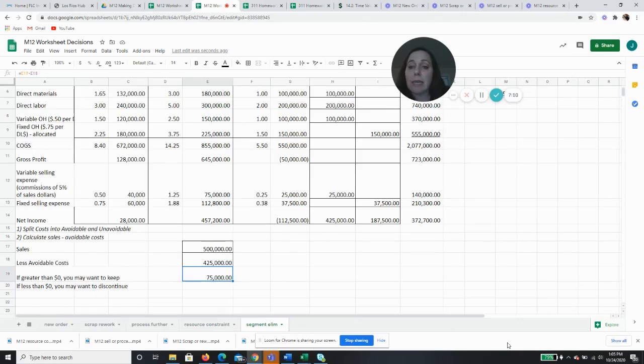So if my sales minus my avoidable cost is greater than zero, we may want to think about keeping the product, because even though the product itself isn't making money, it is absorbing some of our fixed overhead or our unavoidable costs. And if we didn't make this product, then our net income would actually go down by $75,000 because these unavoidable costs would not go away. They would just get allocated to products A and B.